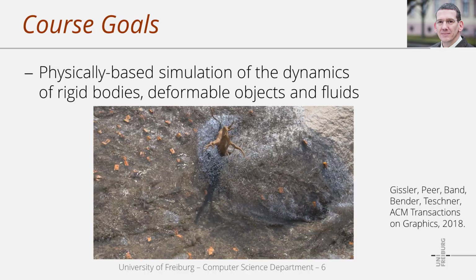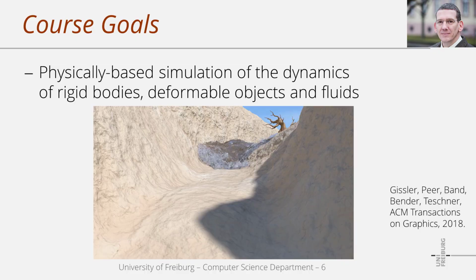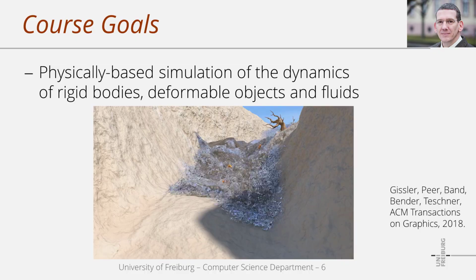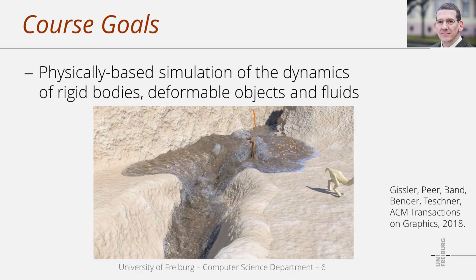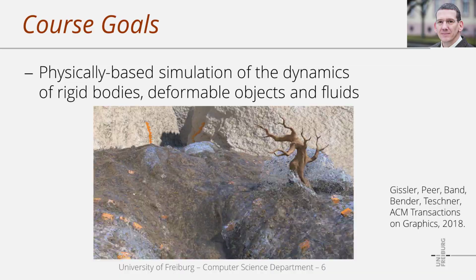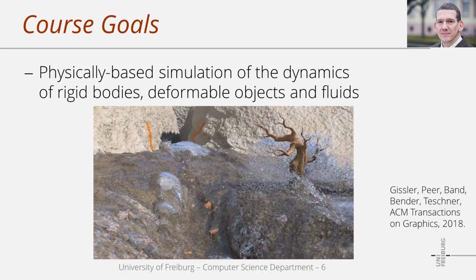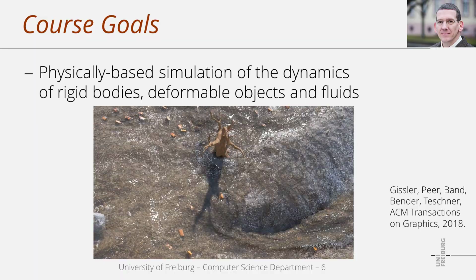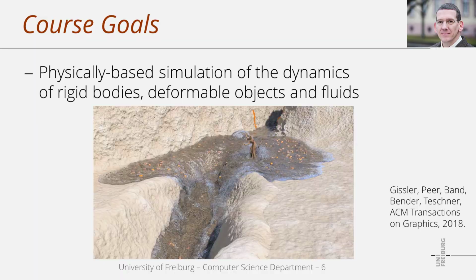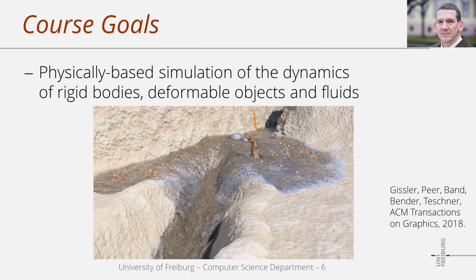Now, the main goal in a particle simulation is the computation of the movement of all particles over time. So we reconstruct positions and velocities of all particles over time. Therefore, we consider forces or accelerations at particles. These forces change the velocities of the particles, and the velocity of a particle changes its position.